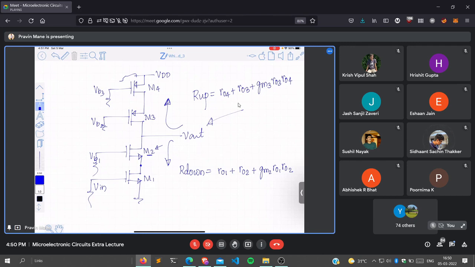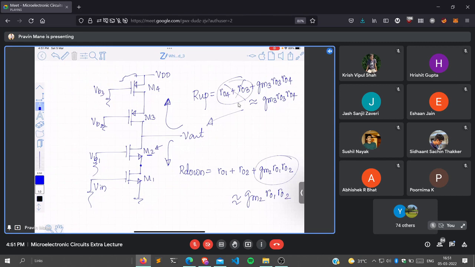Yes, sir. Okay. So in many books you will find that they write only GM3 RO3 RO4. So this factor they generally don't write. Similarly, this is written as GM2 RO1 RO2, approximately equal to. This is okay, even in exam you can use it.